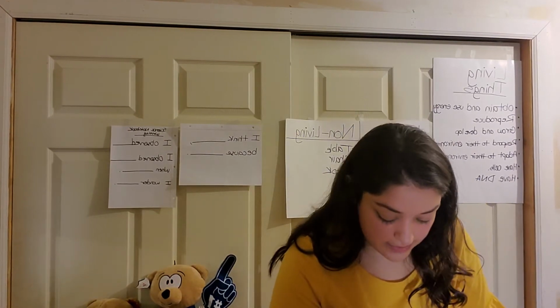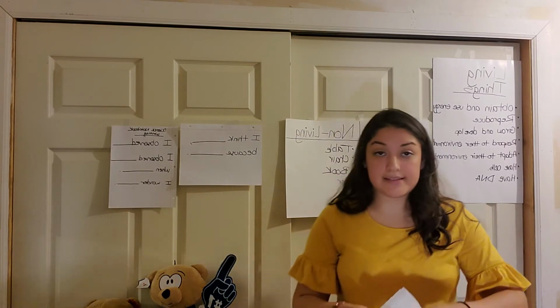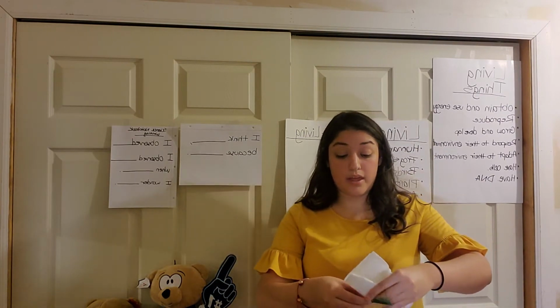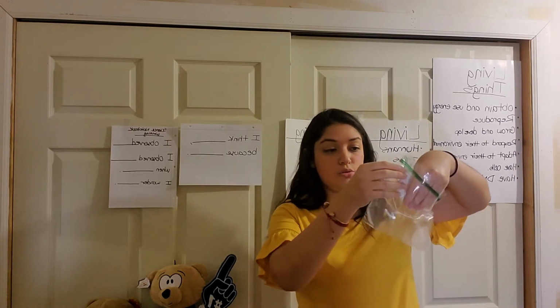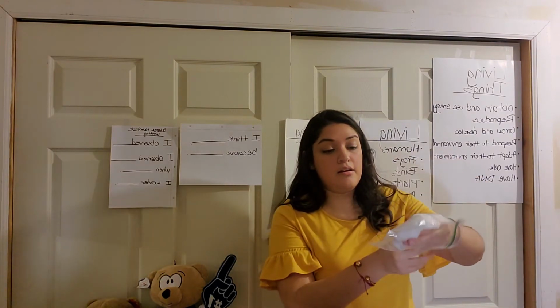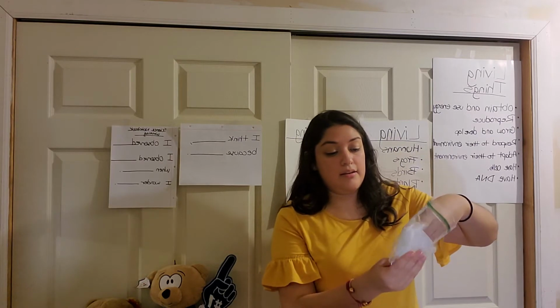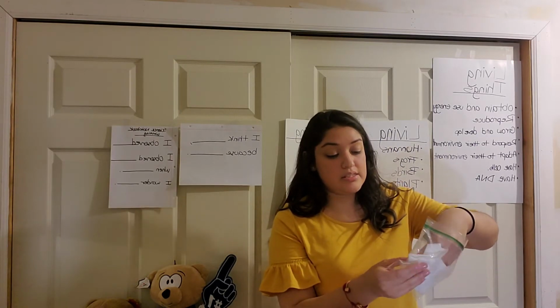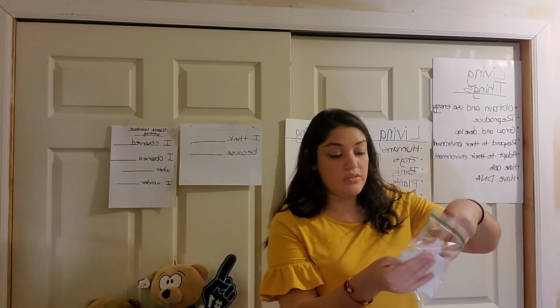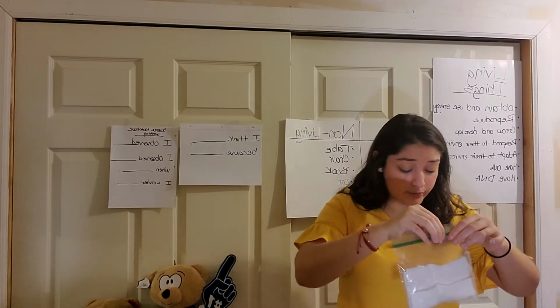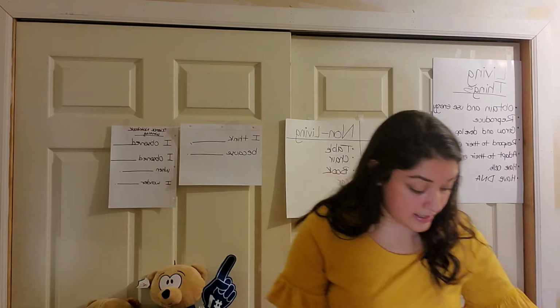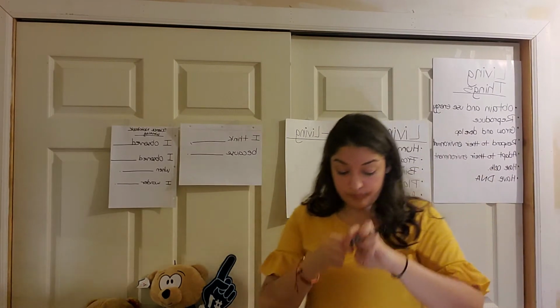Perfect. And then we're going to place this seed with the wet paper towel inside the Ziploc bag, as I'm doing it right here, right? So this is the seed with the wet paper towel, and we're gonna label it P1.